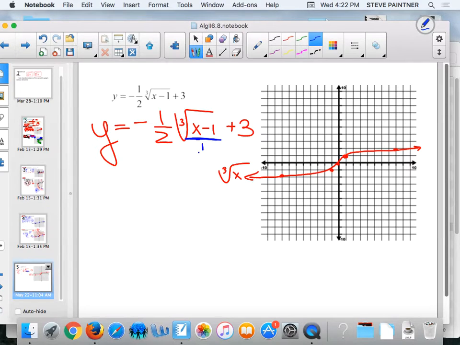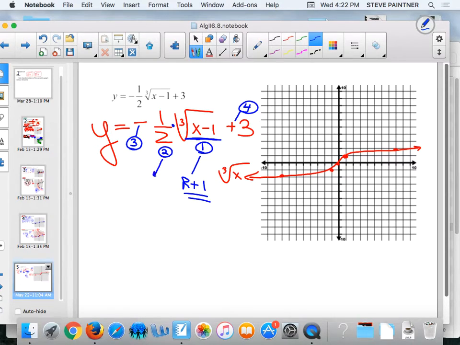This is the first thing you'll do. Then you take it times 1/2. That's the second thing you do. Then you reflect it over the x-axis. Then this is the fourth thing you do. Go up 3. Okay, number 1. First thing, that's a right one.